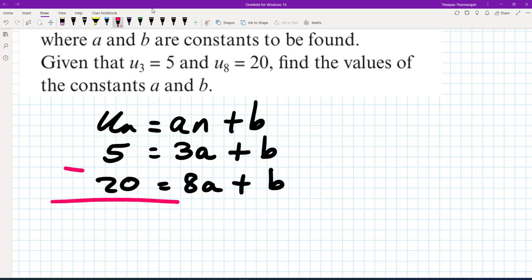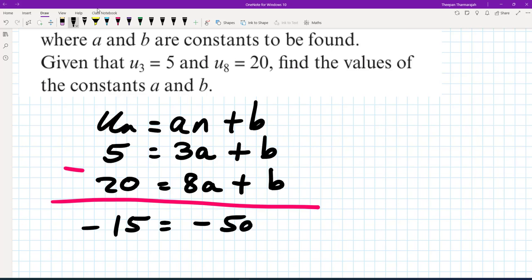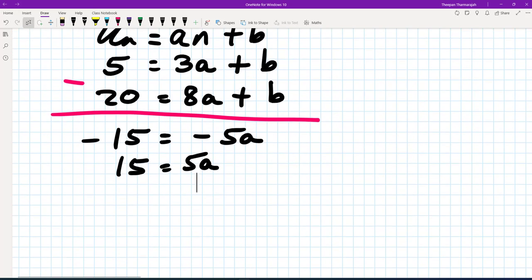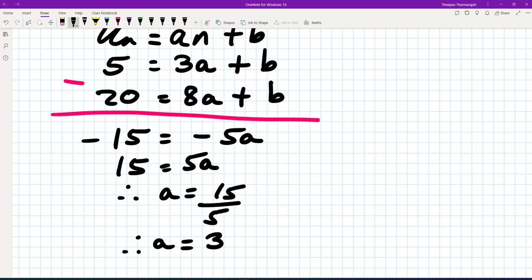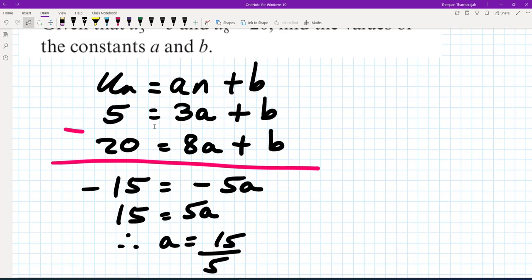The b values are the same, that's fine. So we get minus 15 is equal to minus 5a. The minuses cancel: 15 equals 5a, and therefore a is 15 over 5, so a is 3. Now we sub it in to find b.